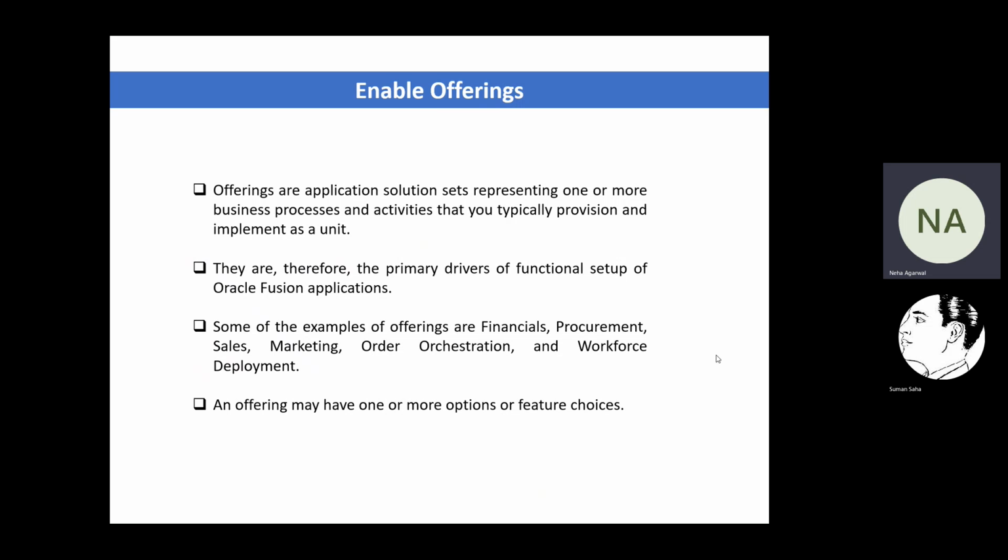The offering and its functional areas are shown in a hierarchy to help you decide step by step what to opt into. When an offering is enabled, all functional areas and features representing core functionality of the offering are also automatically enabled.